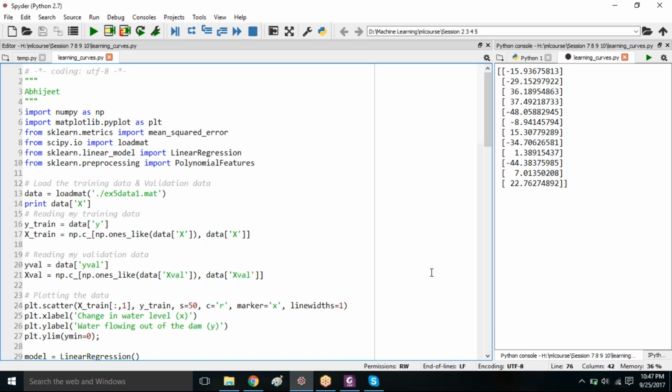In machine learning there is a principle which is followed, called Occam's razor principle.